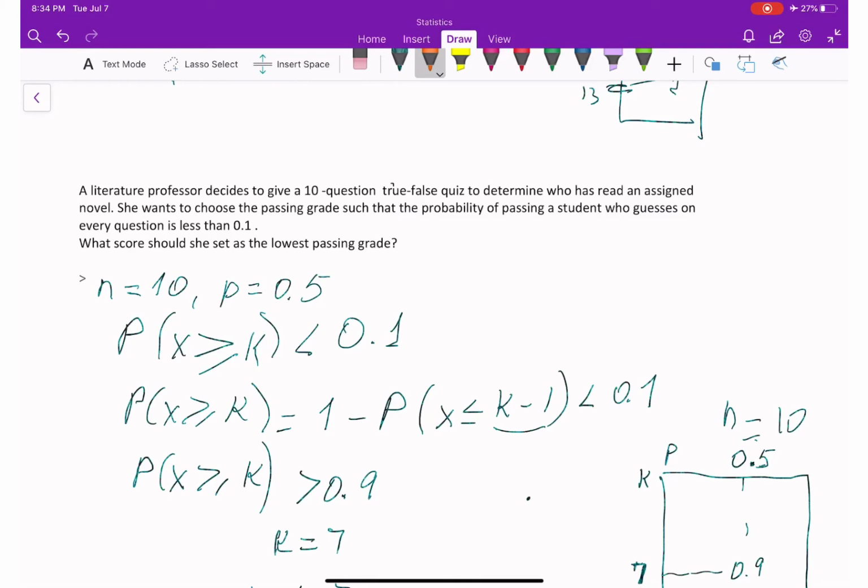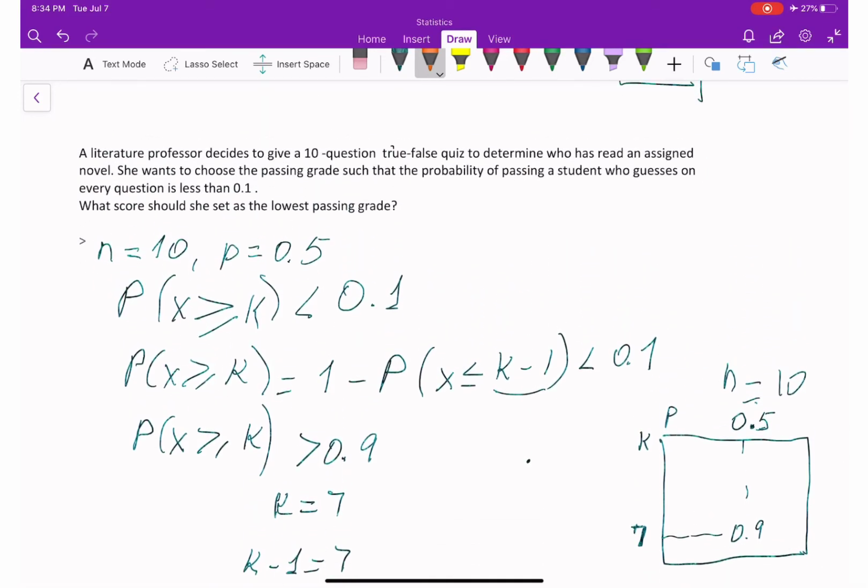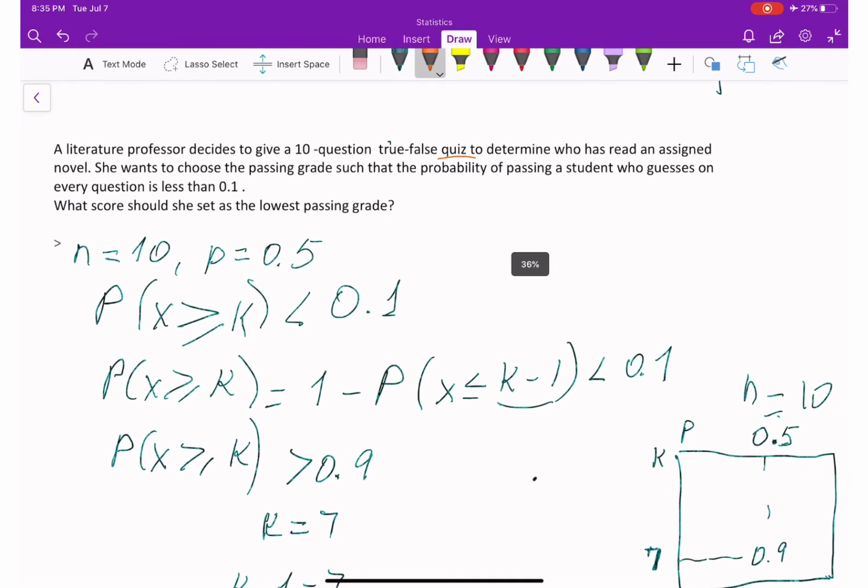And the last question I'm going to cover is on cumulative binomial distribution. It's going to be a different table here. A literature professor decides to give a 10-question true-false quiz to determine who has read an assigned novel.